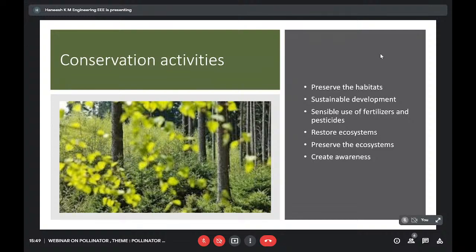How will we make sure that we have a better future? One of the main things we can do is preserve their habitats. Whenever you are cutting down plants or clearing open spaces, be careful. Wherever possible, try to preserve these habitats.